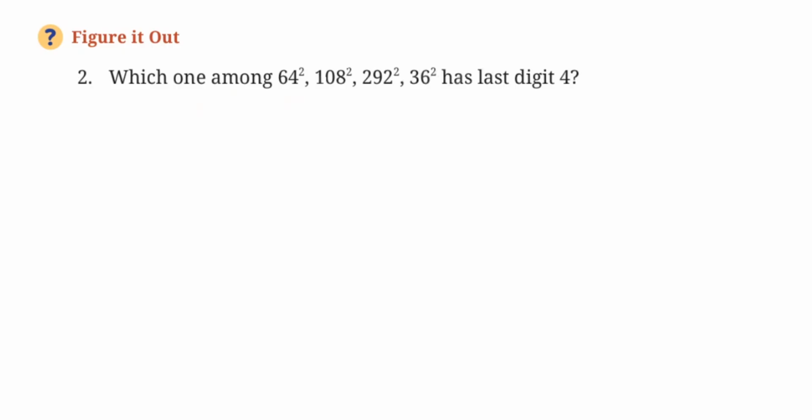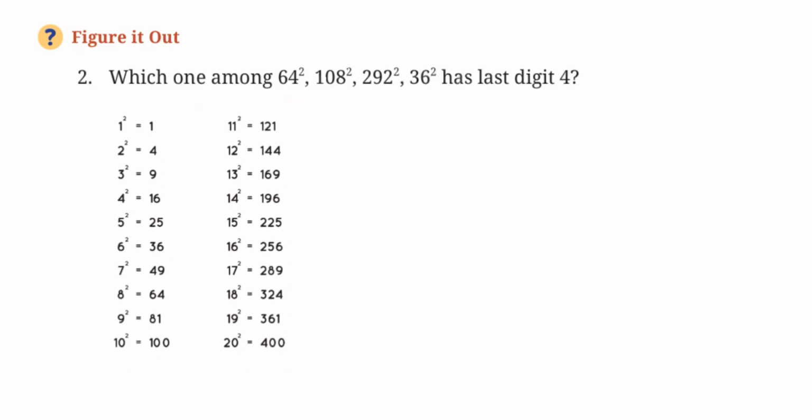So let's observe this. We have the squares of the first 20 numbers. If we have a number like 1 or 11 where the last digit is 1, we can see that the square always ends with 1. So for 1, it is 1, right? And similarly, 9 squared is 81 and 19 squared is 361.